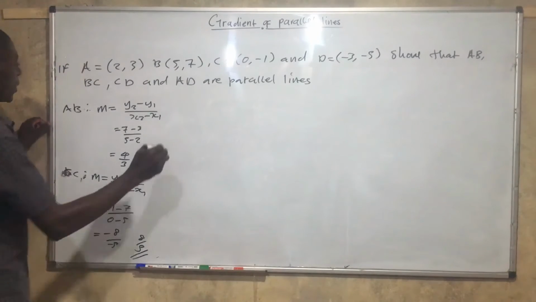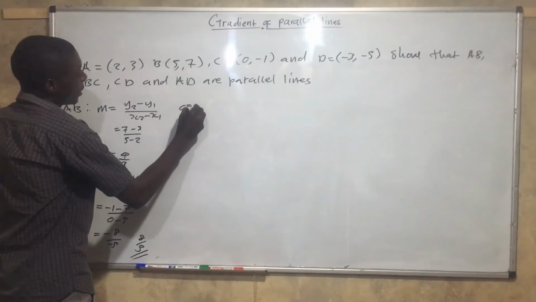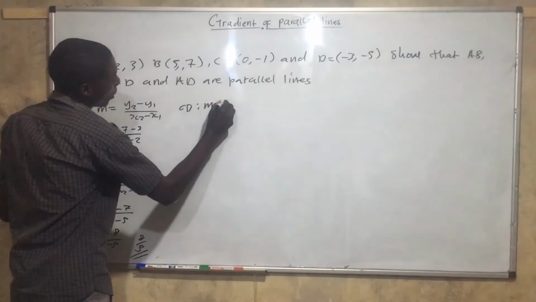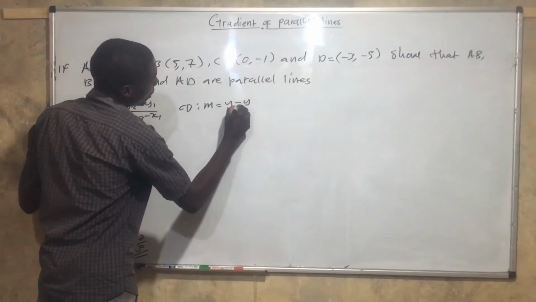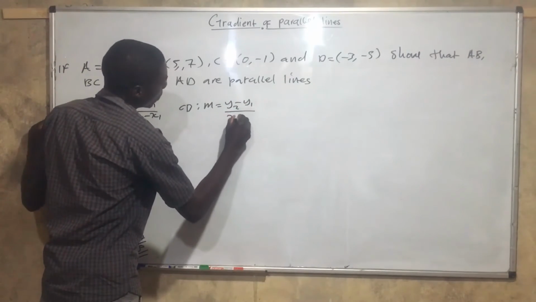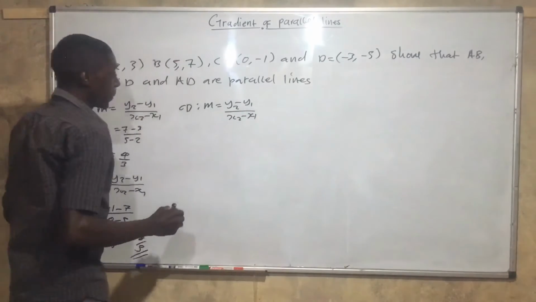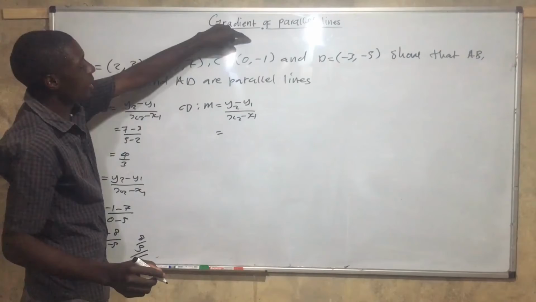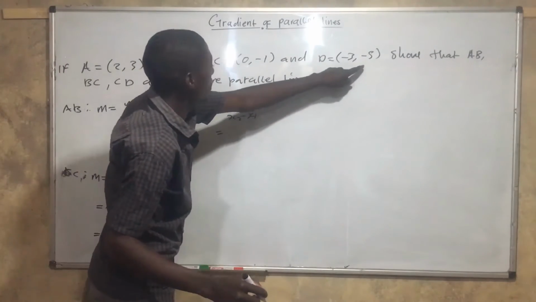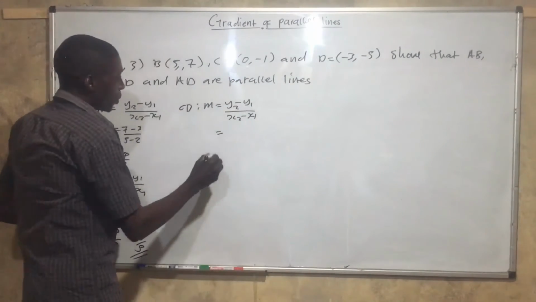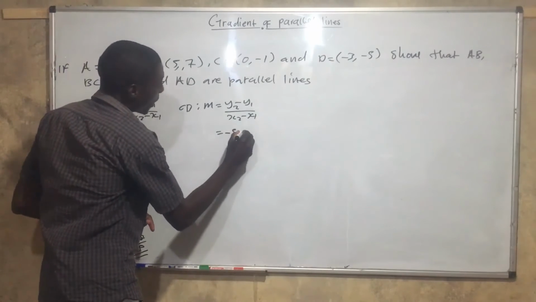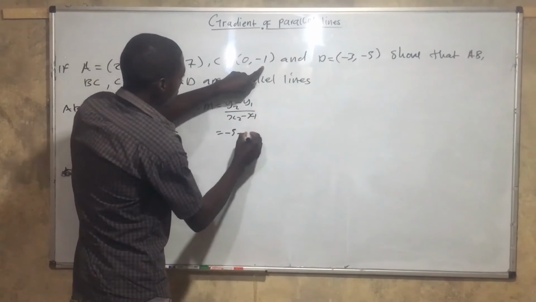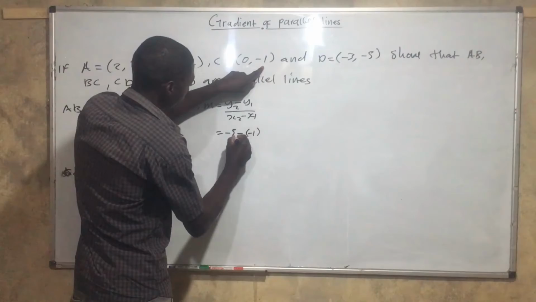We'll go to CD. The gradient will be equal to y2 minus y1 over x2 minus x1. We get the points C and D. Our y2 is -5 minus our y1 which is -1, so -5 plus 1, which gives us -4.